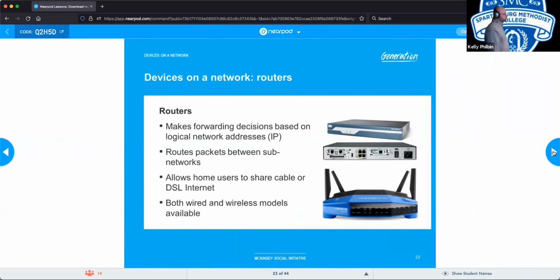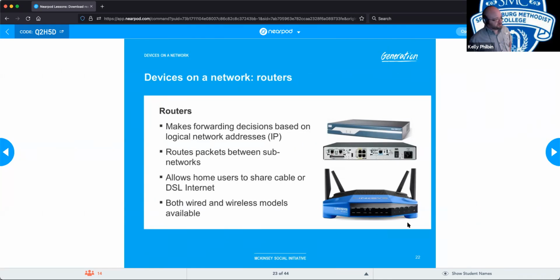So the router operates based off of logical network addresses, or IP addresses. It routes packets between subnetworks. And it allows home users to share cable or DSL internet.